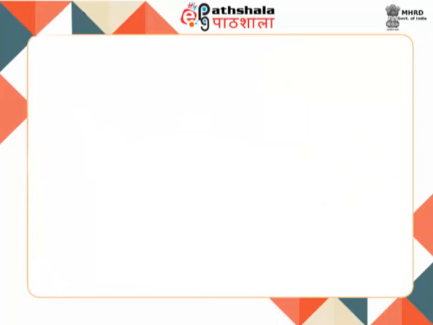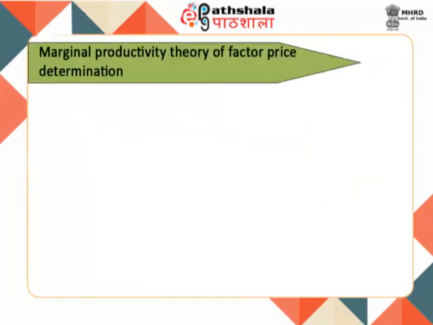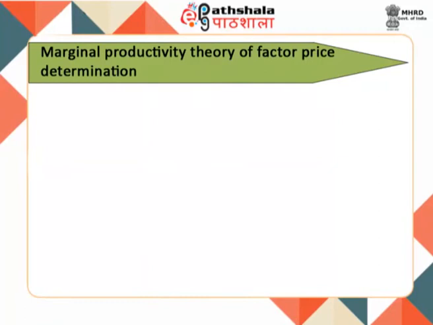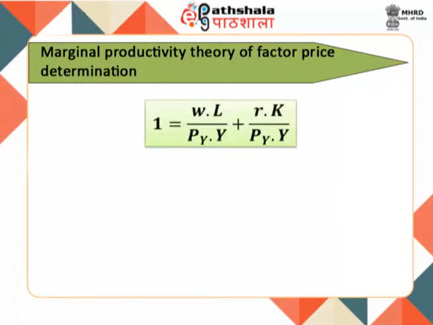Now, it is important to examine whether the marginal productivity theory of factor price determination satisfies the income distribution identity given in 1 = W·L/(Py·Y) + R·K/(Py·Y).